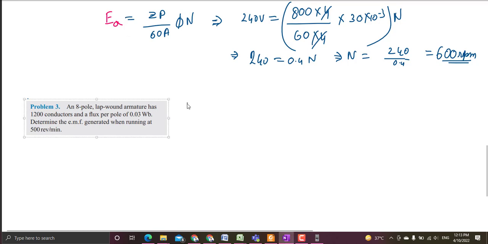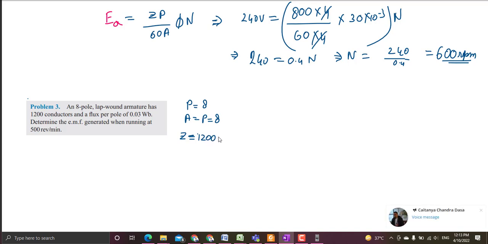So let us write: lap wound 8-pole machine, so P is equal to 8. Lap wound, so A is equal to P is equal to 8, and Z is equal to 1200 conductors.